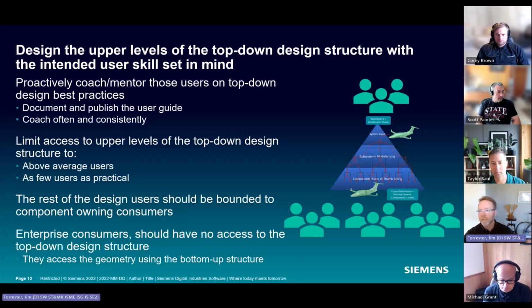They're only going to see stuff through the engineering structure, the bottoms-up structure. The top-down design structure is purely a design tool and is a means of producing components. So it's overwhelming to expose those enterprise consumers to that. You want to expose these detailed final components to the enterprise consumers in that bottom-up structure. Make sense?